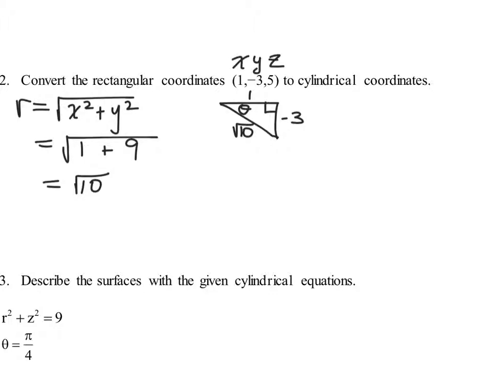So when I look at this, I might say, okay, the tangent of theta is equal to negative 3 over 1, so just negative 3. And then solve for theta. Theta is equal to the arctan of negative 3.